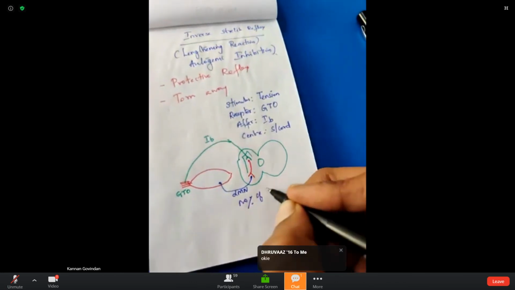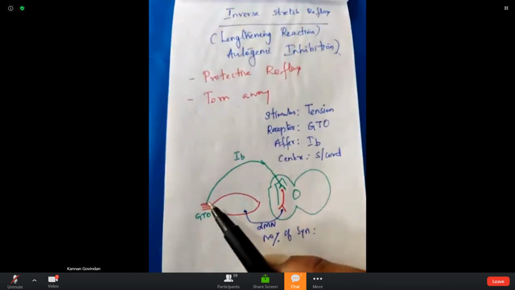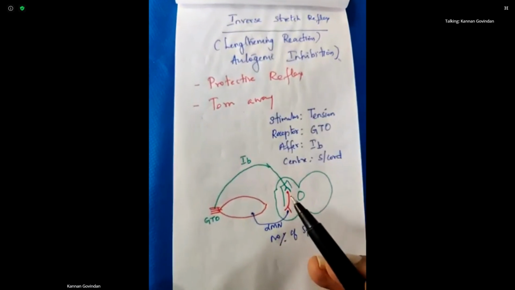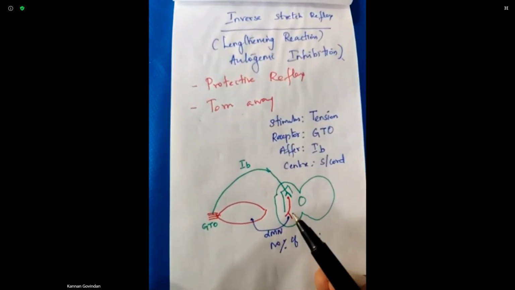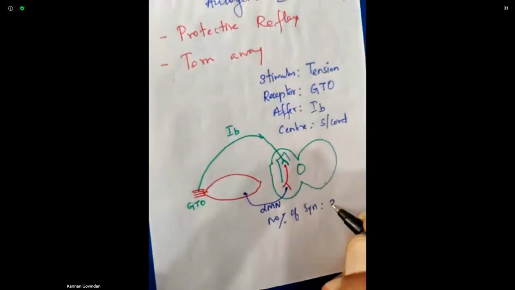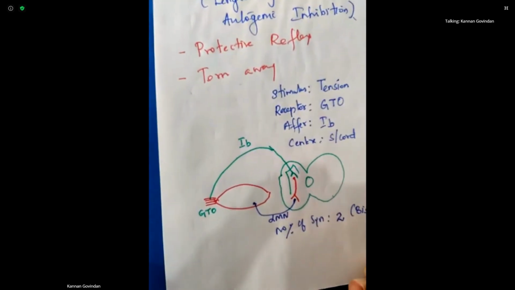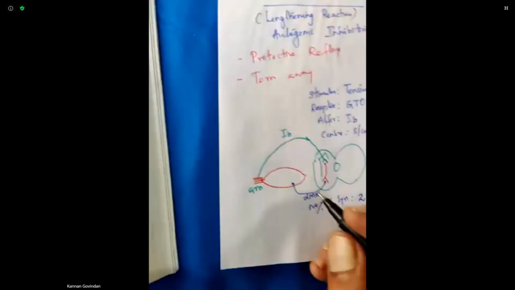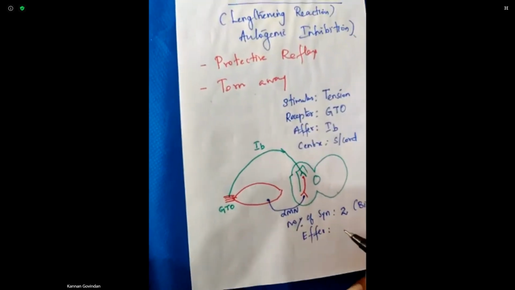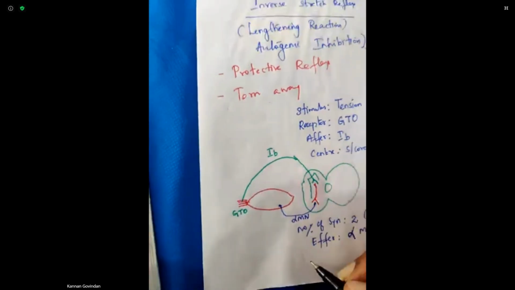Number of synapses. How many synapses are there? We have 2 synapses. The first synapse is between 1B fiber and inhibitory interneuron. Second synapse is between inhibitory interneuron and motor neuron. Number of synapses 2. This is a bisynaptic reflex or a polysynaptic reflex. Okay. The efferent is again the same, alpha motor neuron, inhibition of alpha motor neuron.